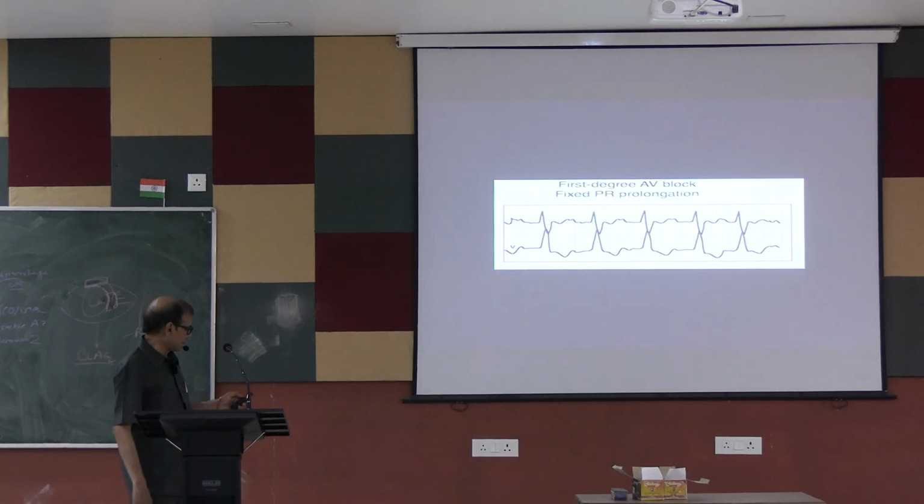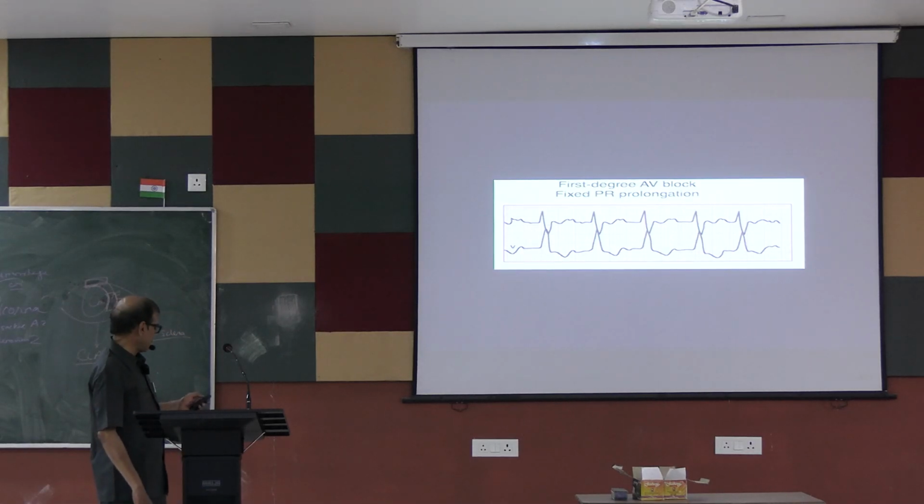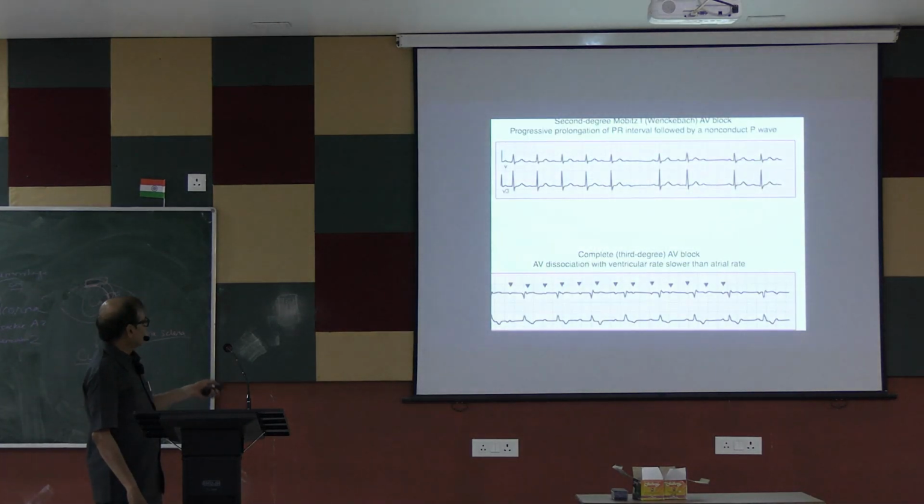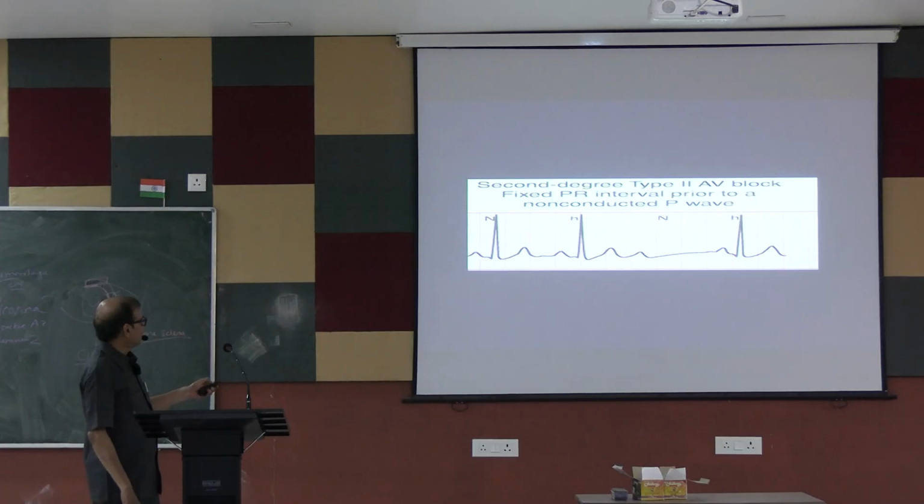First degree AV block. Prolongation of the PR, prolongation of the PR. This is the complete heart block, fixed PR interval. This is the second degree, Mobitz type 2.